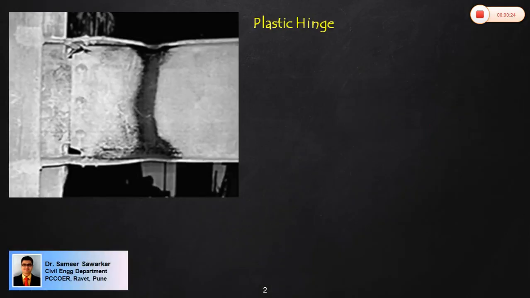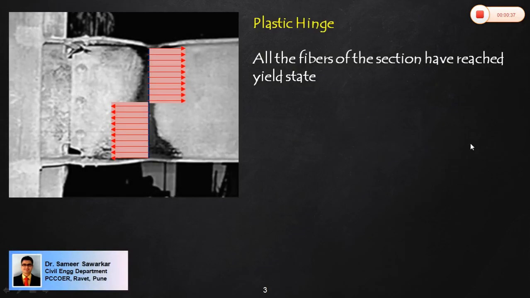So we have seen in lecture 1 what is a plastic hinge, and this is a real life photograph of a plastic hinge formed in a steel I section of a beam. So what is a plastic hinge? All fibers of the section have reached yield stress.